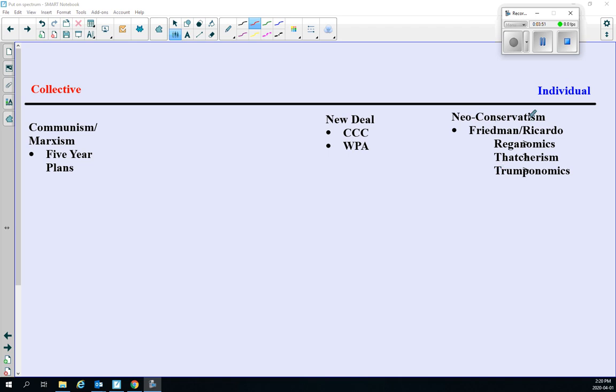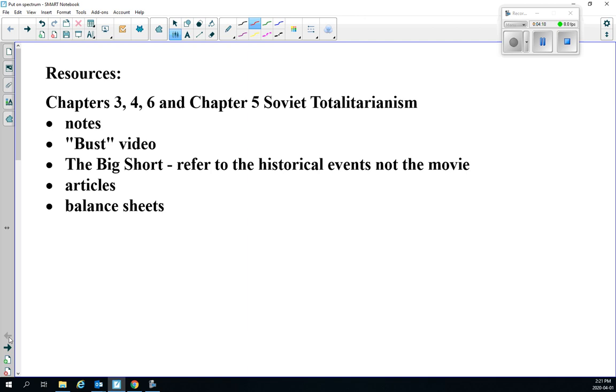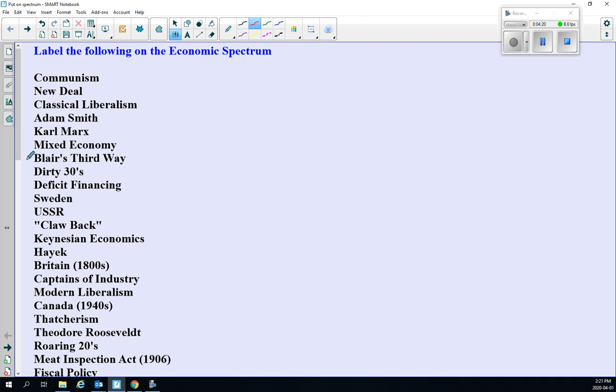And so if neoconservatism is kind of around here on the spectrum, the New Deal would be almost close to center in terms of the American market economy or the economic spectrum in general. So the New Deal was a heading. And then these two specific alphabet agencies, the Civil Conservation Corps and the Workers' Progress Administration, are examples of the New Deal. So what you need to do, your task, is to fill in the rest of that terminology.